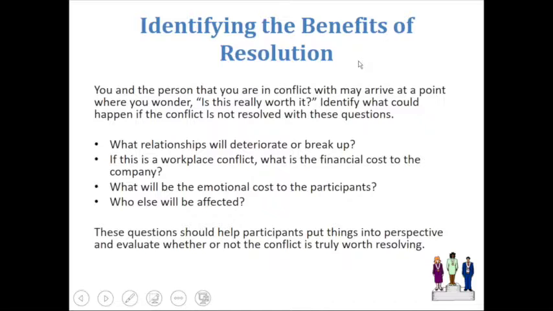Identify the benefits of that conflict. You, the person in conflict, may arrive at a point where you wonder, is it really worth it? What could happen if the conflict is not resolved? Use these questions.